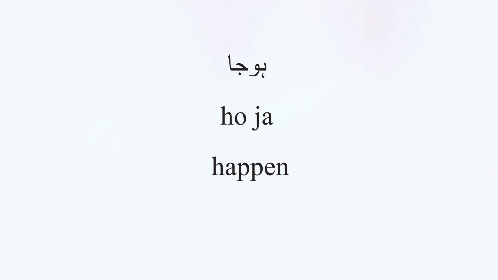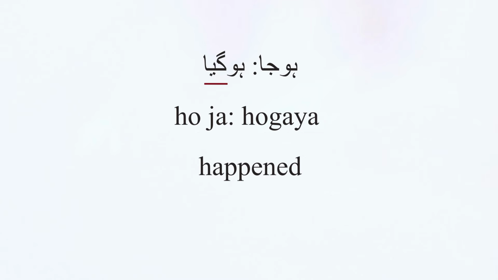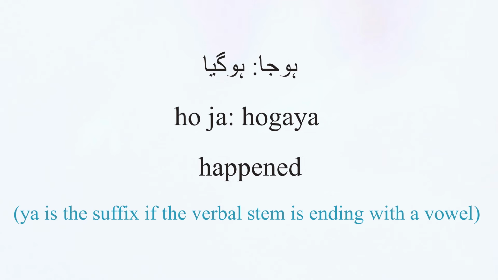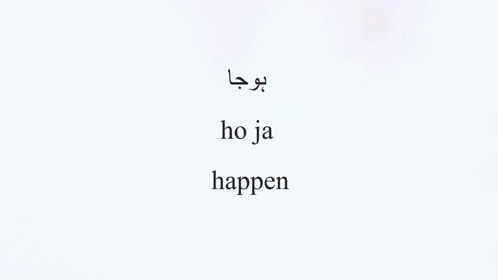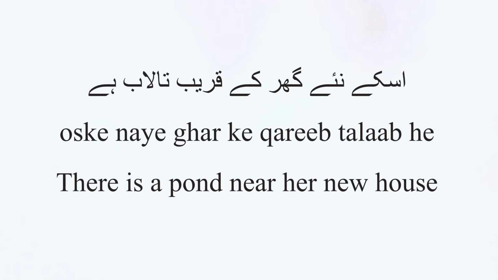Because the verbal stem is ending with a, therefore, instead of saying hoga, we say ho gaya. If the verbal stem is ending with a consonant, we'll just put a. But when the verbal stem ends with a vowel, we add ya. हो गया.